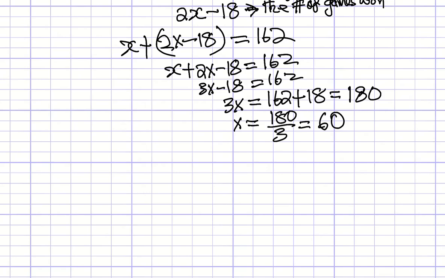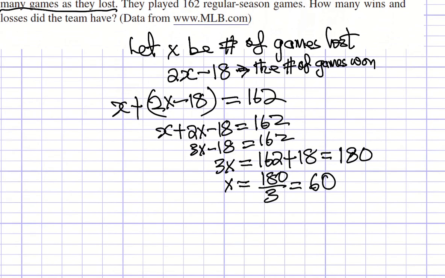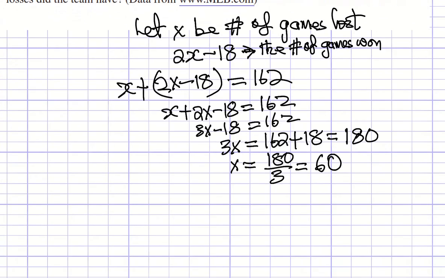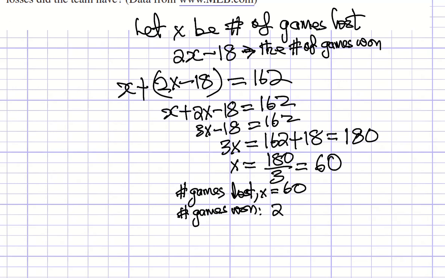So that is the number of games lost. It's x equals 60. Number of games won is 2x minus 18.